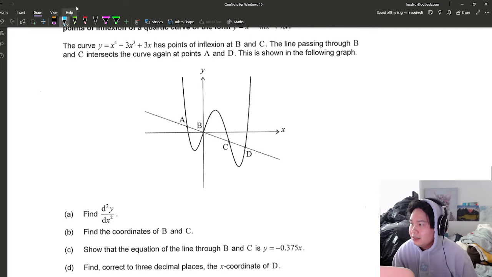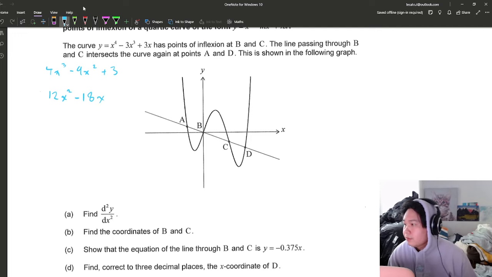First is find the second derivative. Okay, easy peasy. Find the first derivative, which means that the second one is 12x squared minus 18x. Boom, done.